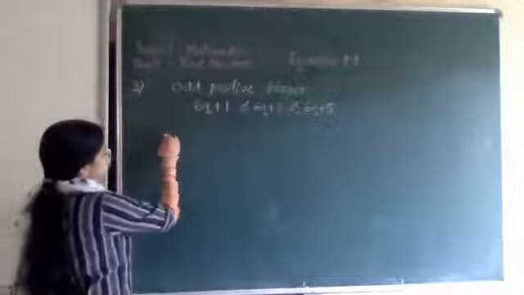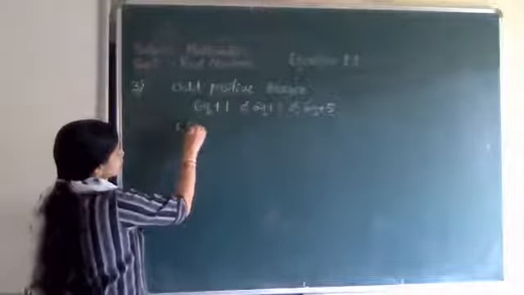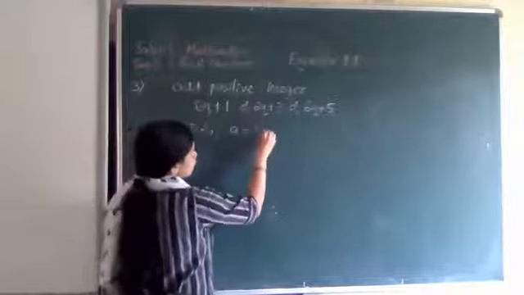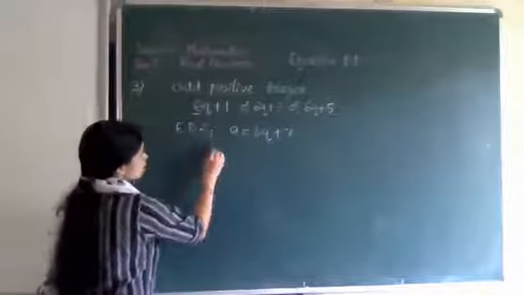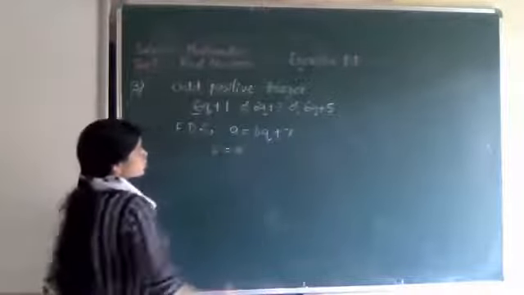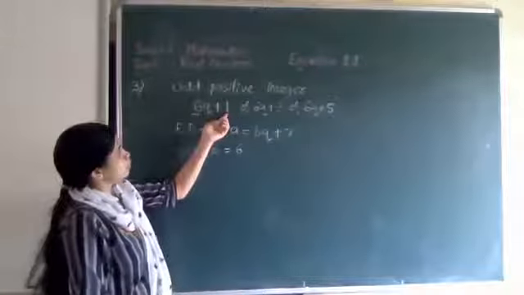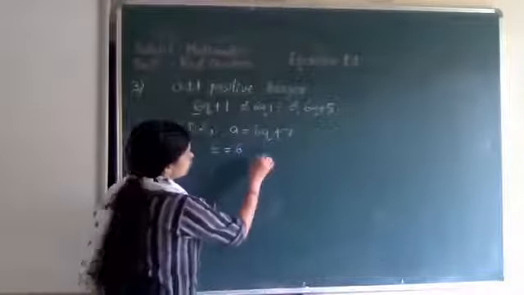For the solution, we write Euclid's division lemma as A is equal to BQ plus R. Here B is 6. R is varied because here R is 1, R is 3 and R is 5.